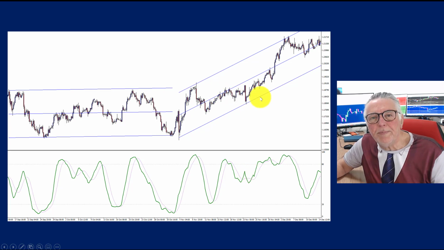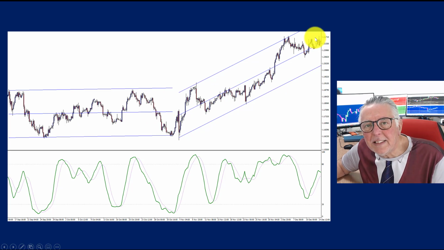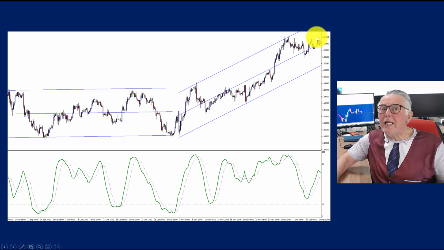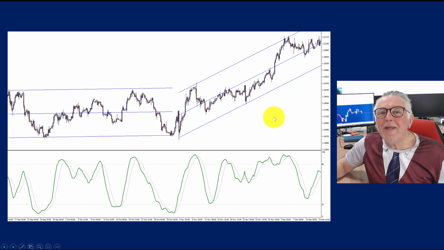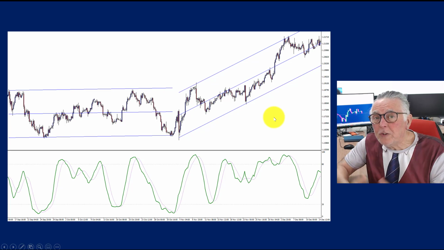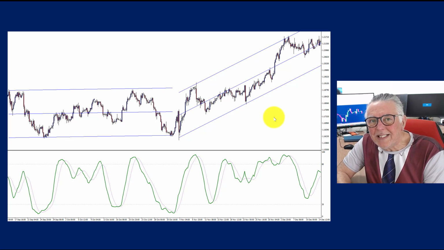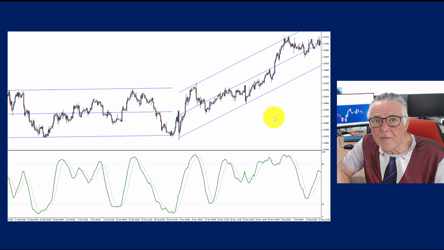So you get a lot of whipsaws if you're trading this kind of indicator in a trending market. It likes sideways markets. If you are going to trade it in a trending market, there's two ways to do that. Only take trades in the direction of the trend, and the other, very advanced way of doing it, is to treat the indicator as a trending indicator and reverse the direction of trades.